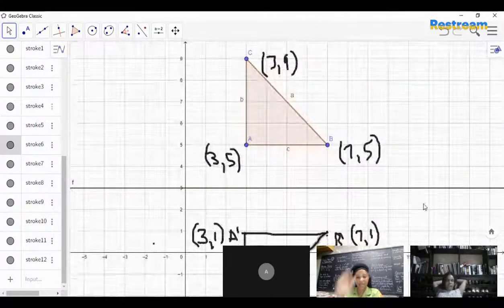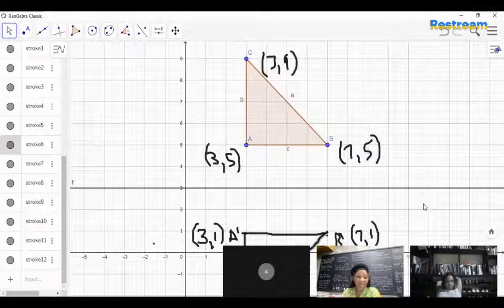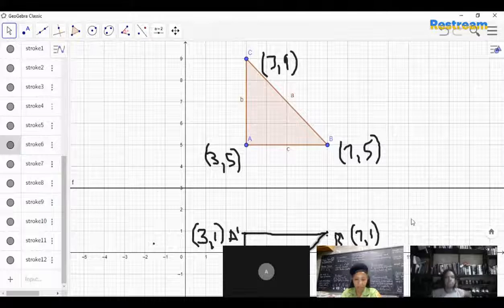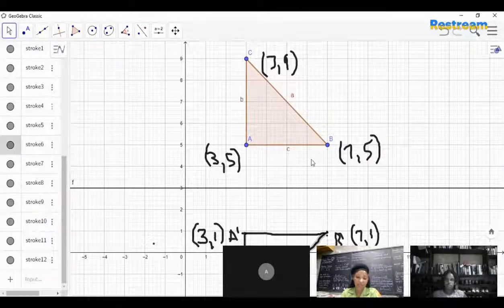So we could say then, when the line is y equals something, a straight line across the y-axis, the x values will remain the same.